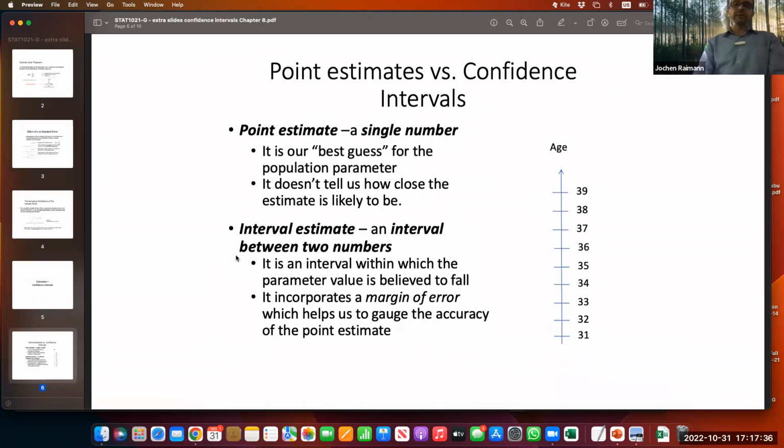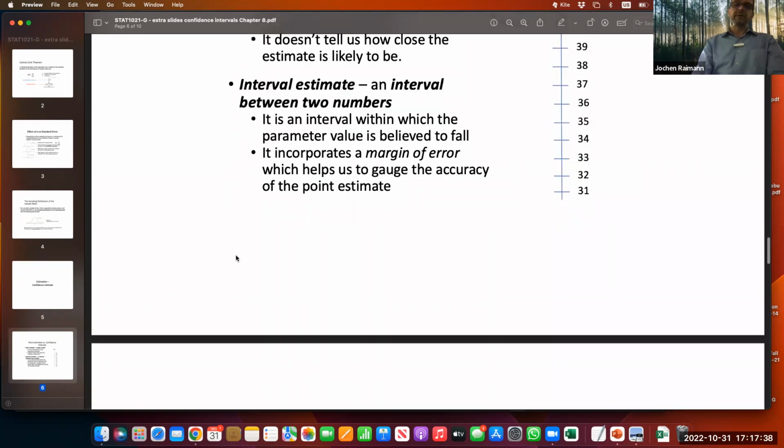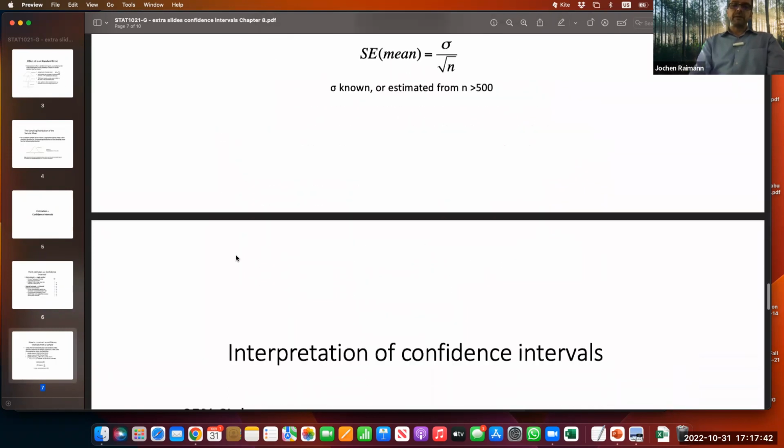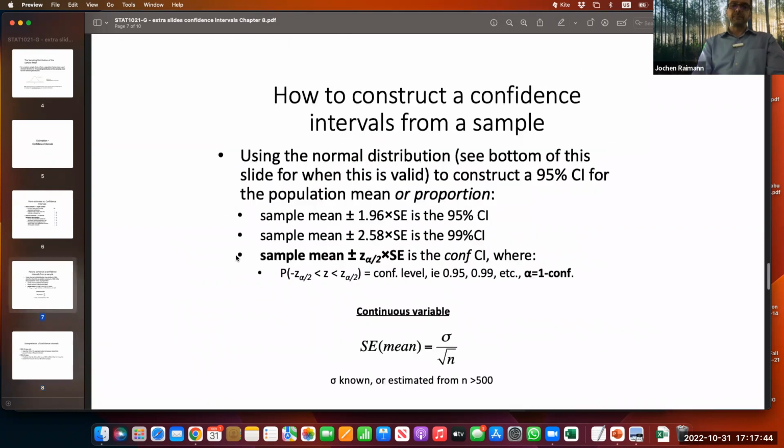Now we want the point estimate to be amended and supplemented with an interval estimate. And now you can also reflect that probability of containing your population mean by the distribution of your sample means.